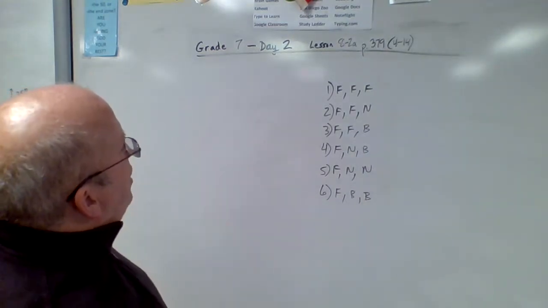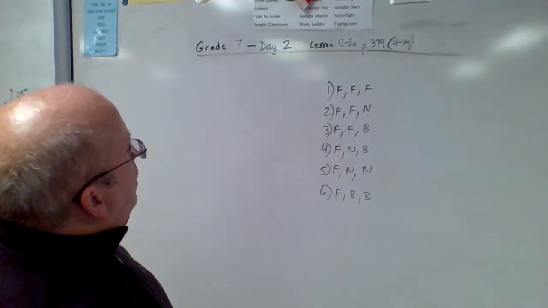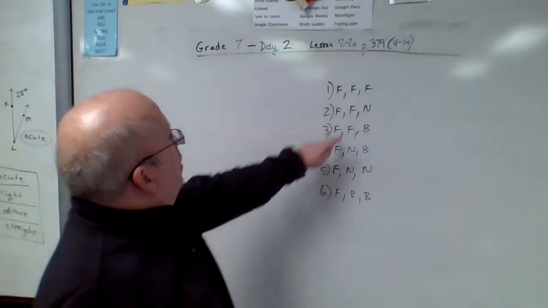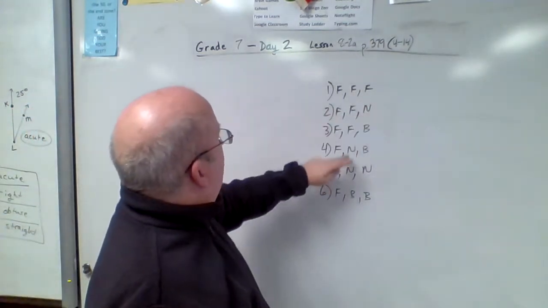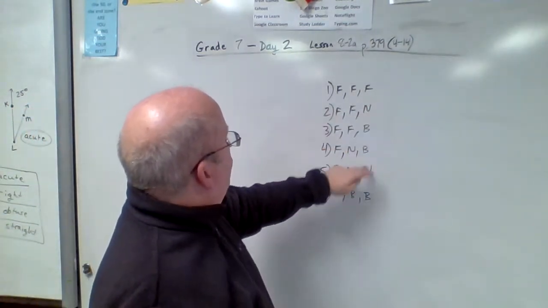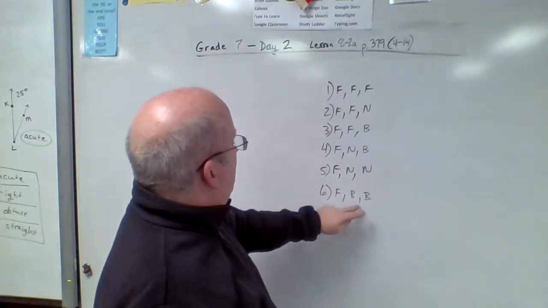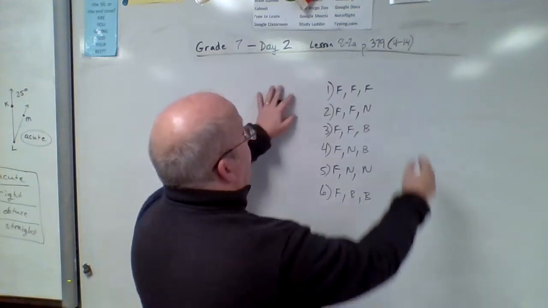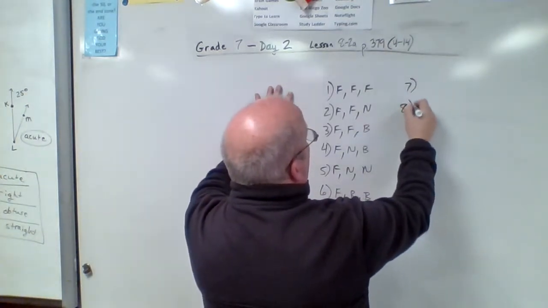Is there any other way to do it with one fiction book? 2 fictions, fiction, nonfiction, fiction, biography, nonfiction, biography, nonfiction, nonfiction, biography, biography. Okay, so that's our 6th way. Now let's start thinking about our 7th way.